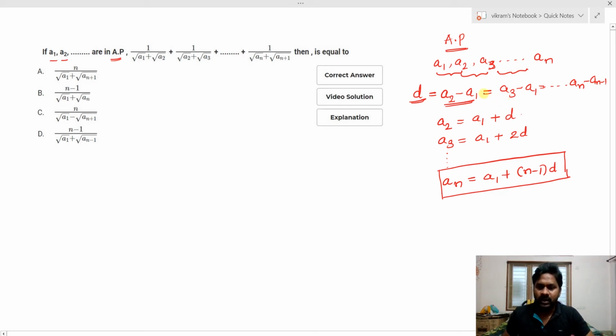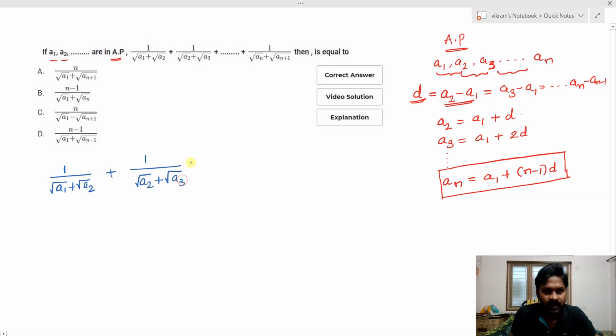Now moving forward to our question. What is given: 1 by square root a1 plus square root a2, plus 1 by square root a2 plus square root a3, and so on. Finally, 1 by square root an plus square root a(n+1).